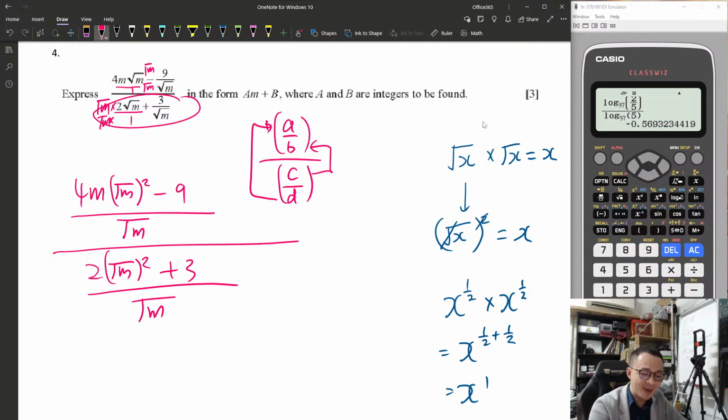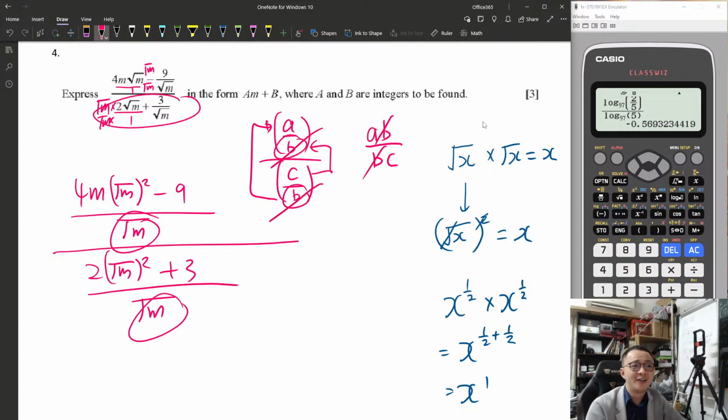Then just imagine if this one is also b, because you can see b and b are the same, right? Square root m and square root m are the same, right? I just want to explain the concept. So I will get something like ab over bc. You can see b and b I can cancel out, right? So this is the reason why we can cancel it out. So I just cancel it out.